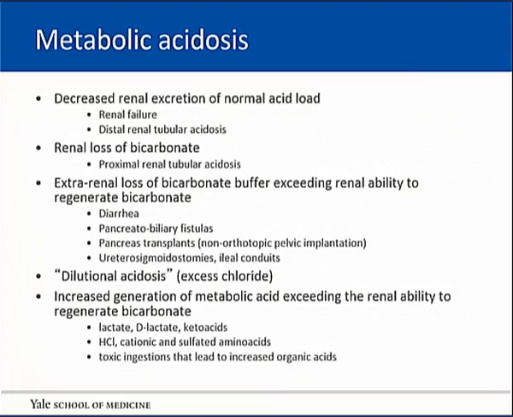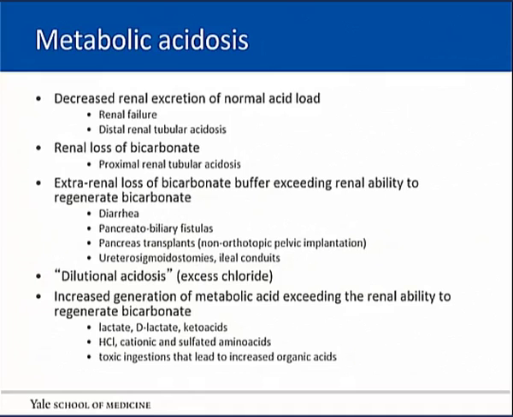You can have that through old pancreas transplants that were implanted onto the bladder. They don't do them anymore, but 20, 25 years ago, they were the primary means of implanting a transplant. You may see a patient still who has those. They excrete bicarbonate right into the bladder and have significant losses from there.